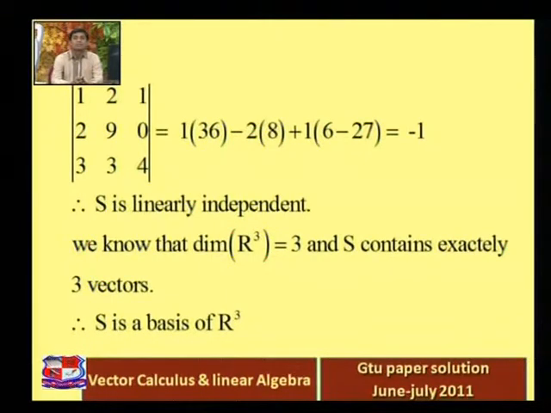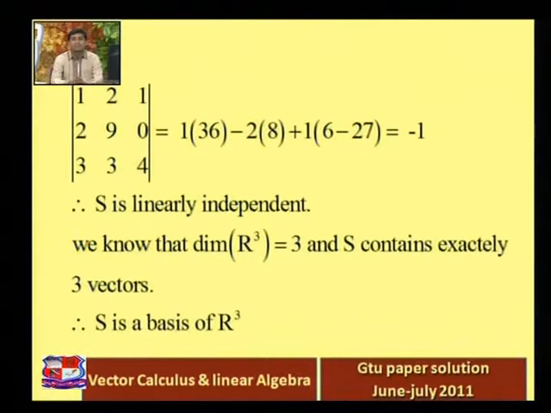Now we use this theorem which I told you: here the dimension of R3 is equal to 3 and S contains exactly 3 vectors, so automatically S spans R3, and that's why S is a basis of R3. The second condition is automatically proved, so you don't need to prove the other condition. You just have to write down the statement of the theorem for this example: we know that the dimension of R3 is equal to 3 and S contains exactly 3 vectors.